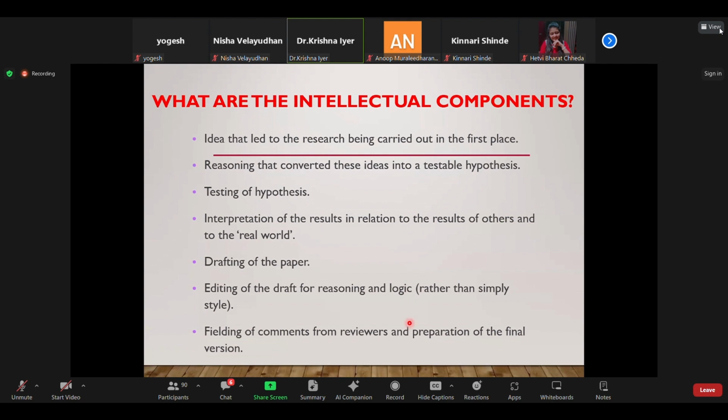Then, did you do the testing of the hypothesis in the correct experimental fashion? And after you generated some numbers, were you the one who did the interpretation of the results in relation to what you have done, and also in relation to what is already known? And then, who is the one who actually drafted the paper?